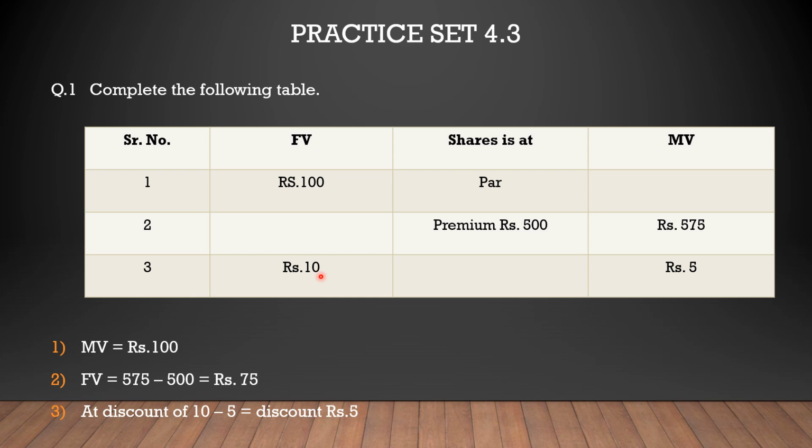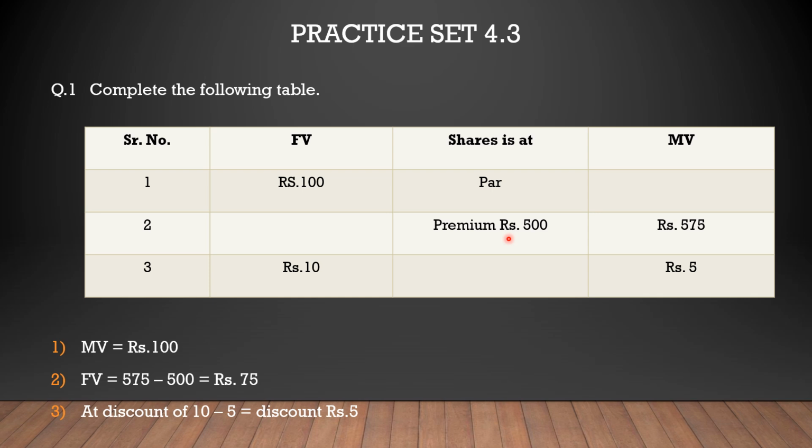There are three conditions. First, FV is equal to MV. When FV is equal to MV, meaning face value is equal to market value, then shares is at par. Second condition, if FV is less than MV, meaning MV is greater than FV, face value is less than market value, then shares is at premium.